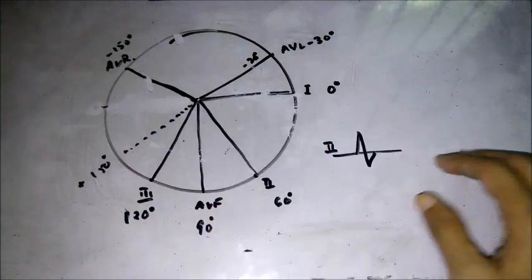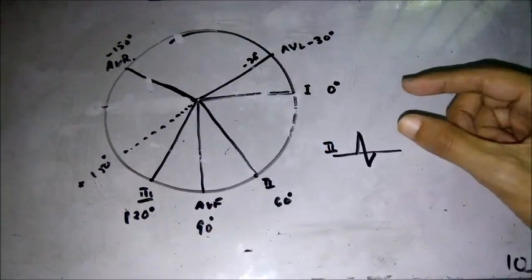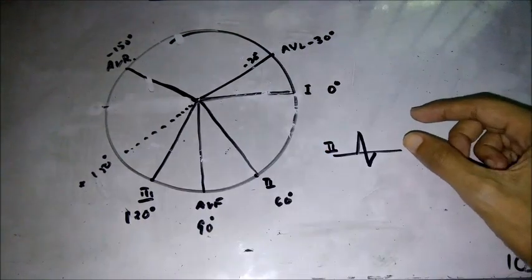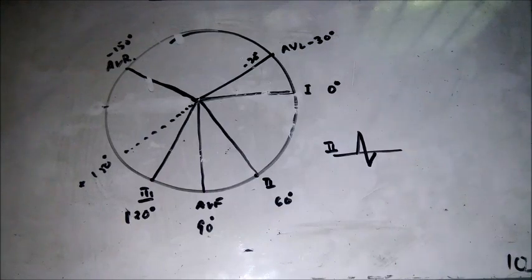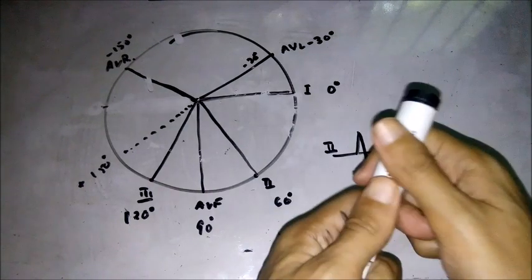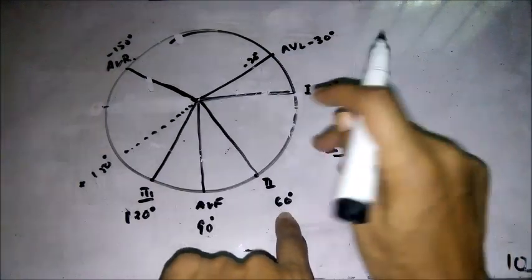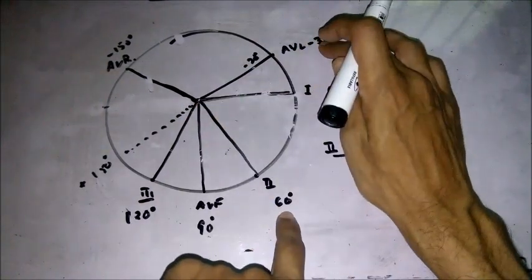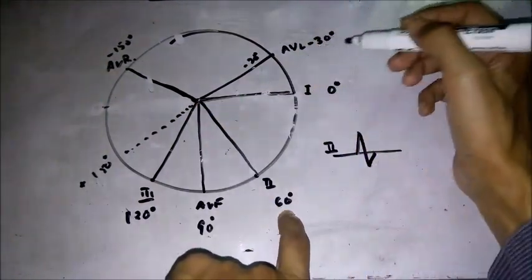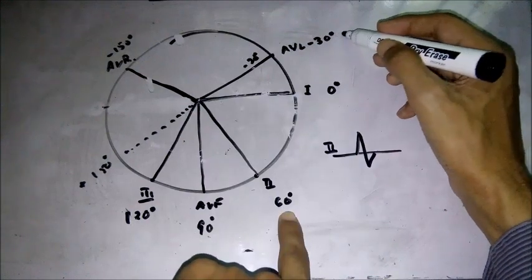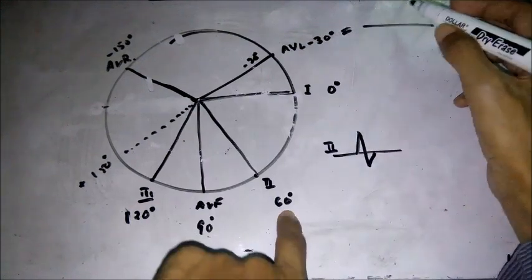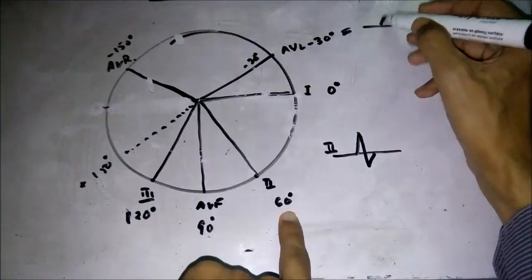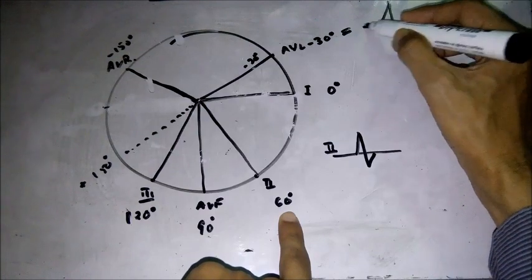And then in order to determine the axis accurately, we can look at other leads for reference, right? For example, in this situation, what we are saying is that maybe the axis is not minus 130, but it might be minus 20. So when we look at AVL, if it is exactly minus 30, AVL will be fully positive, right?